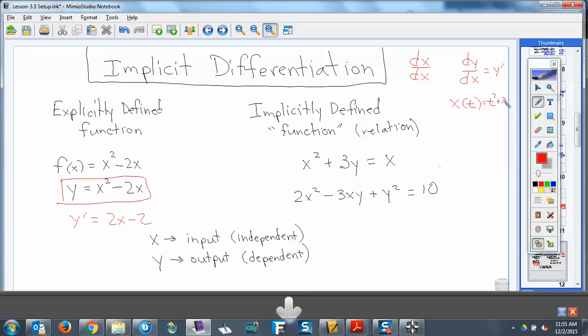And you tell me 1. That's because x is the input variable. Derivative of x with respect to x. Here I would be doing x prime, which would be the derivative of x with respect to t. That's a different animal. The x is the output variable. See what I mean? So the output variable, when you do the derivative of it, gets a prime on it. The input variable, you just do your normal thing. So it's possible you could have an x prime if x was the output variable. Okay? So that's going to be a really key element of how we do this.